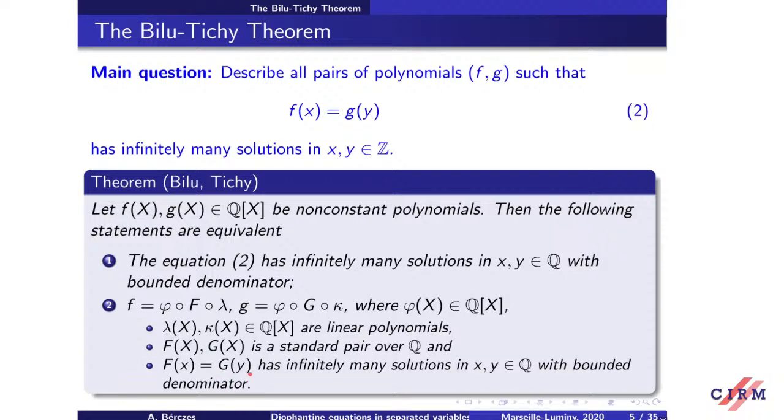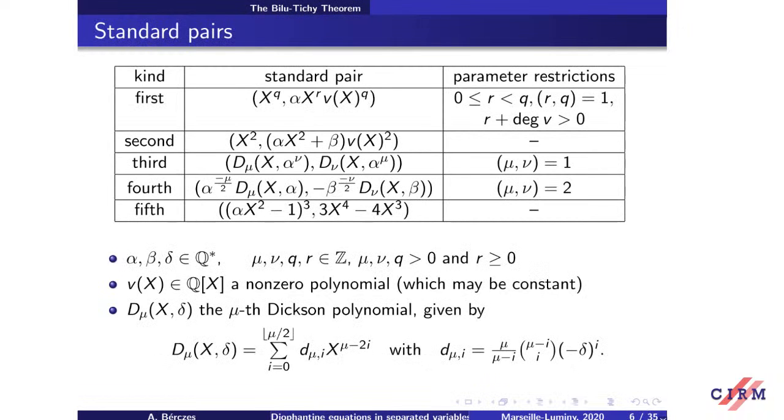And phi is just a polynomial with rational coefficients, and it also has to be assumed that the equation f(x) = g(y) does have infinitely many solutions in rationals with bounded denominator. So in principle, this is a very concise description of all the cases in which it is possible that this equation does have infinitely many solutions.